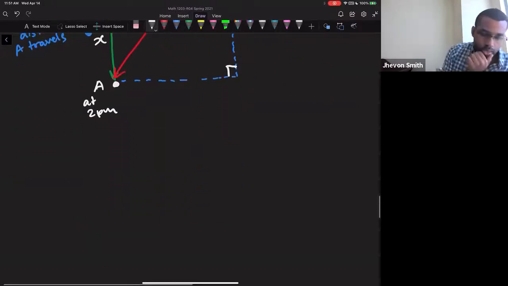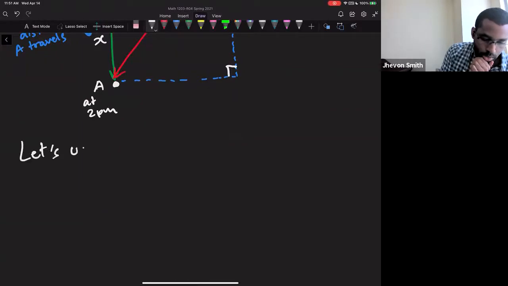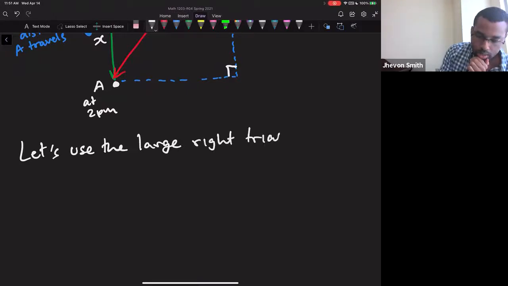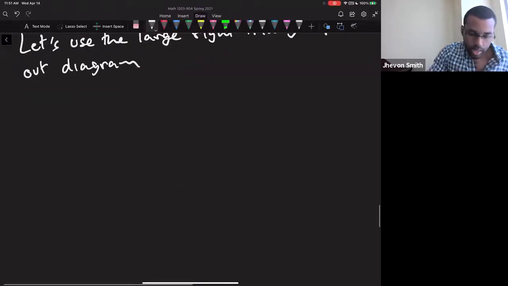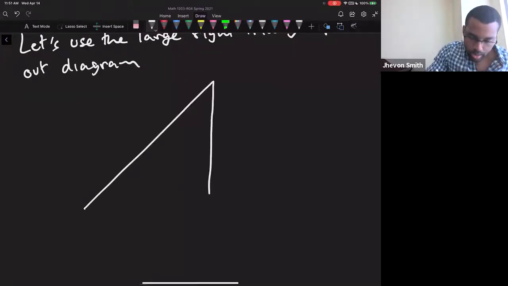So now what I would say is, let's use the large right triangle for our diagram. So essentially now we have a right triangle that looks like this.